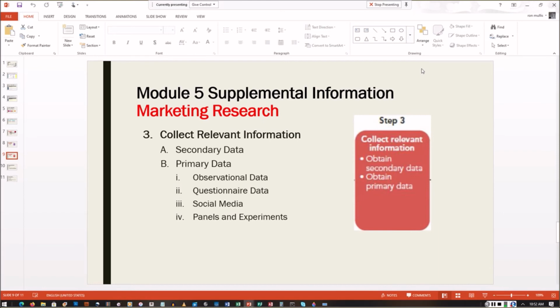Now, primary data is brand new data collected for any type of specific research project. There are different tools that marketers can use to collect the data, including observations, questionnaires, panels, and experiments.